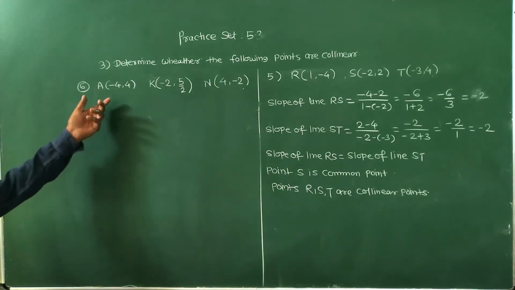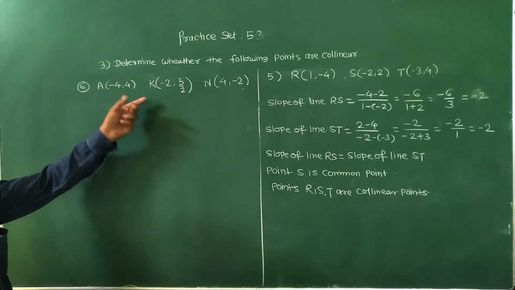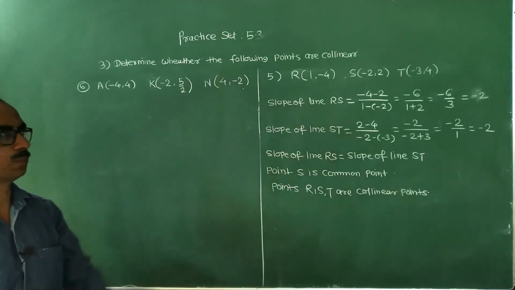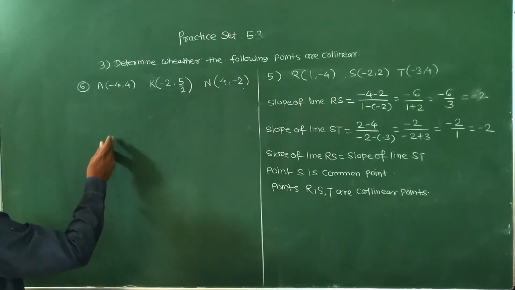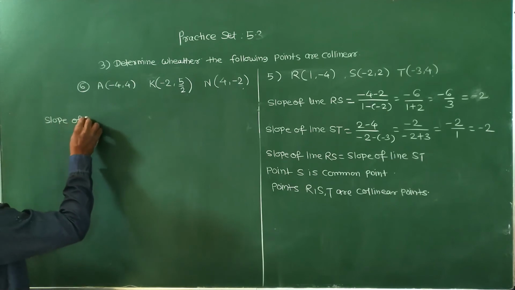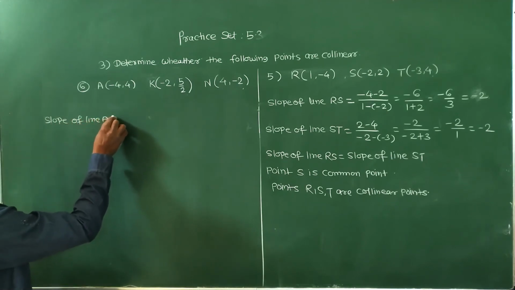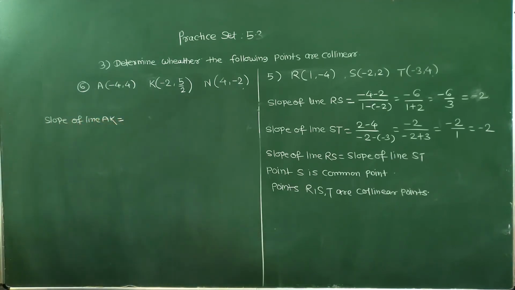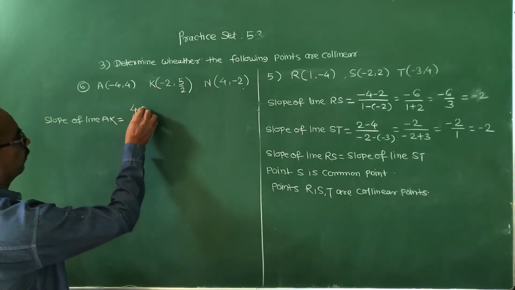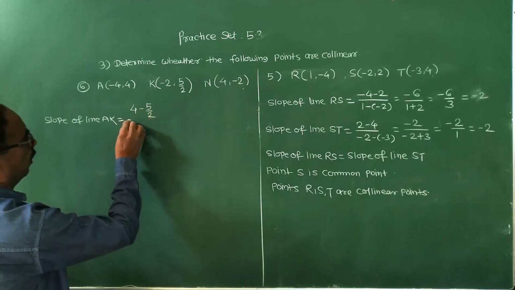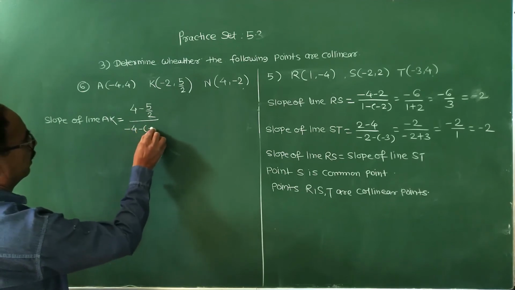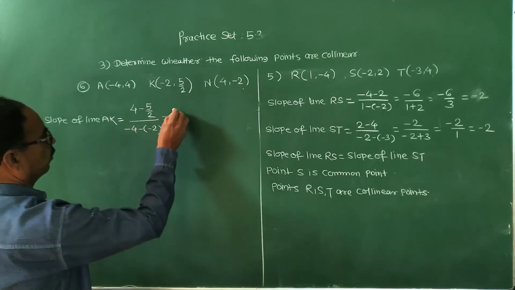Next example, we have points A minus 4 4, K minus 2 5 by 2 and N is 4 minus 2. Now find the slope of AK. Slope of line AK will be equal to 4 minus 5 by 2 upon minus 4 minus minus 2.